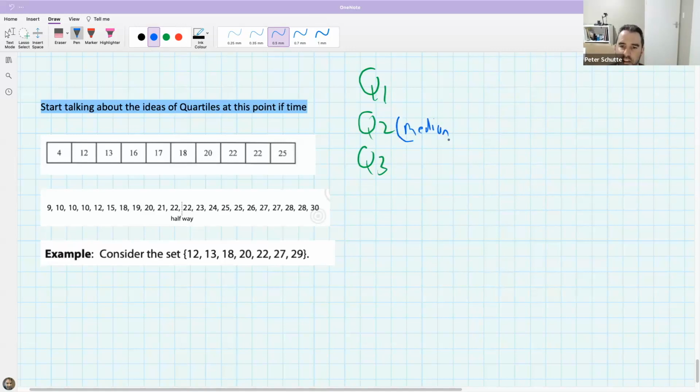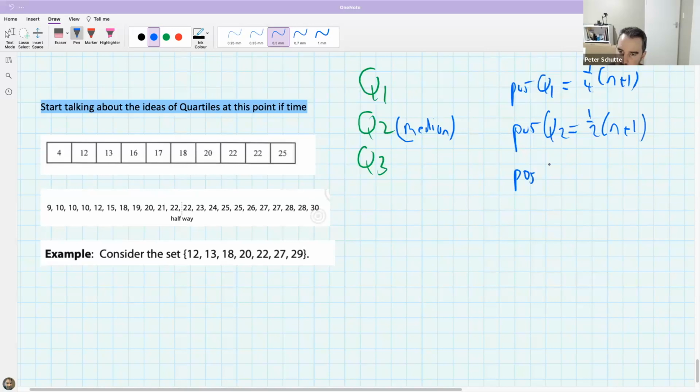And to find the median, we use the position formula of half times n plus 1. Now, you won't be surprised to find the position of the first quartile, we use the formula a quarter times n plus 1. And to find the position of the third quartile, we use the formula 3/4 times n plus 1.